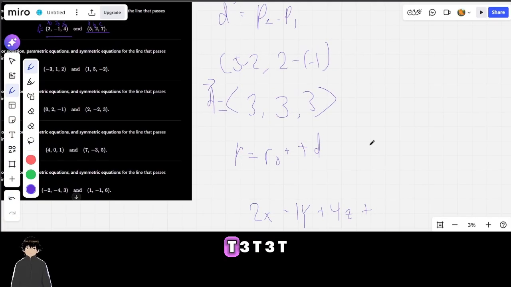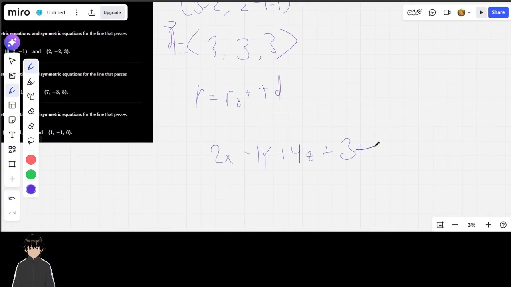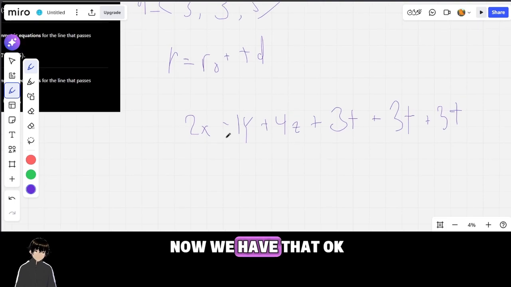So we have 3t, and 3t. Okay, so now we have that.